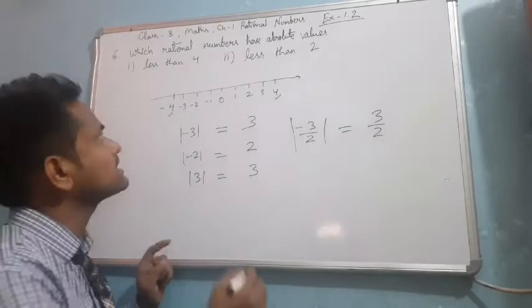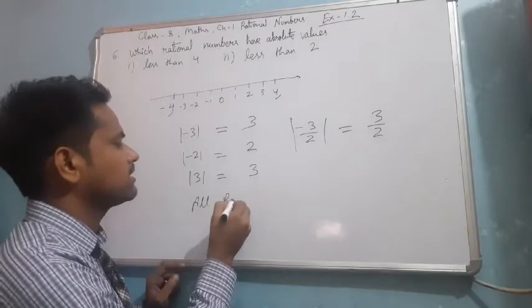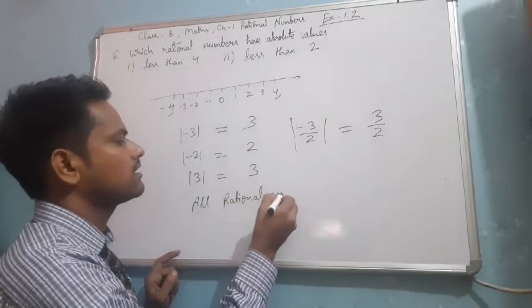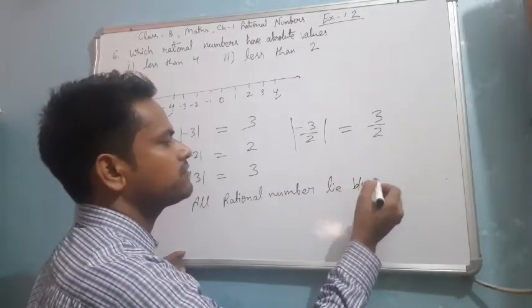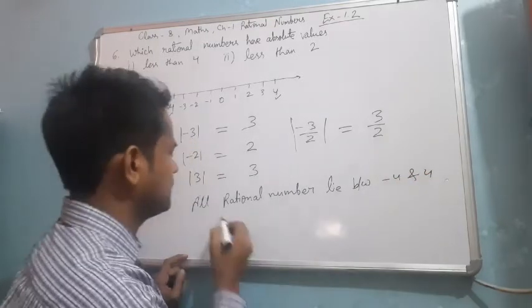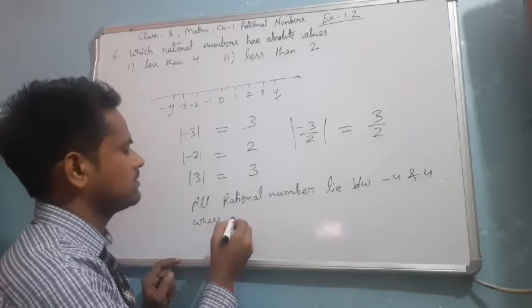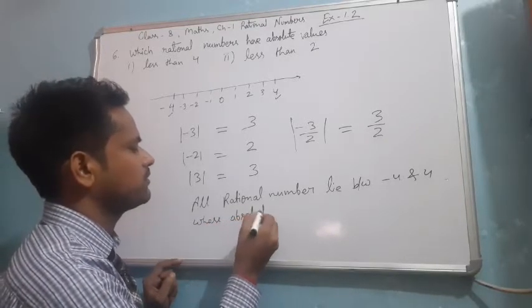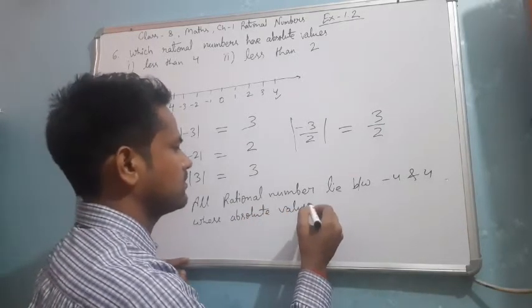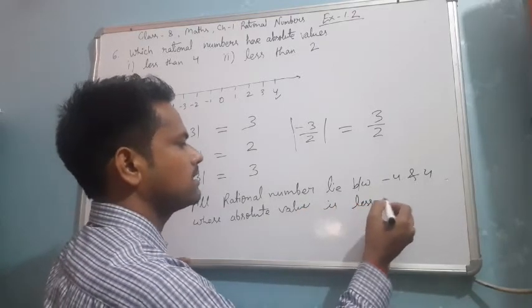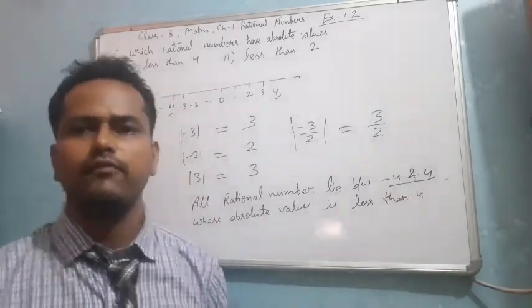So all rational numbers that lie between minus 4 and 4 have absolute value less than 4. Then the answer will be minus 4 and 4.